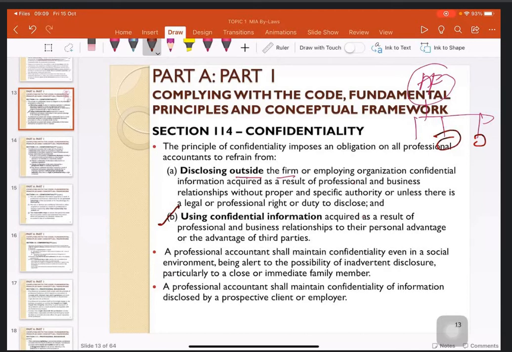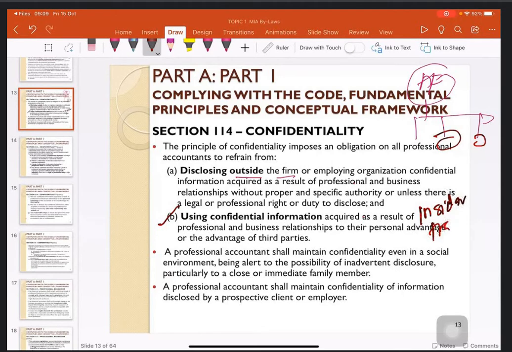For example, you sell the information, or you disclose this information to competitors, or you use this information for your own benefit. Because as auditors, we get the information before it is published to the public. This is what we call insider trading.